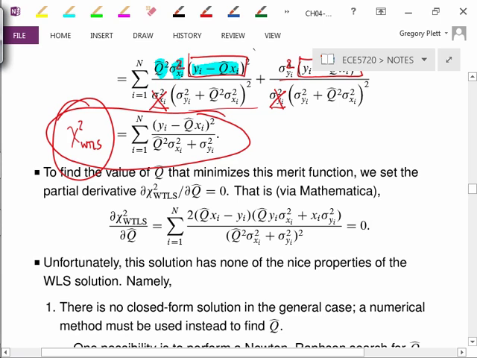We set this derivative equal to 0, and the math begins to get fairly tricky because I've got a q in the numerator and a q in the denominator now, and the q in the denominator is going to multiply an i term. I can't just factor the q out anymore, and it becomes really quite tricky.